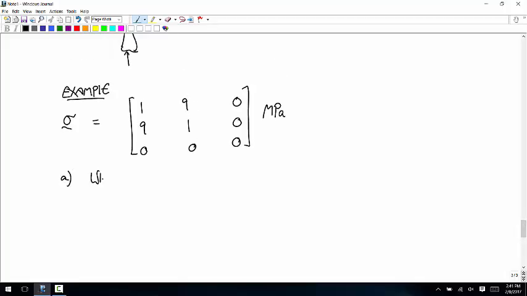So first, what are the principal stresses, listed from the maximum one to the minimum one?